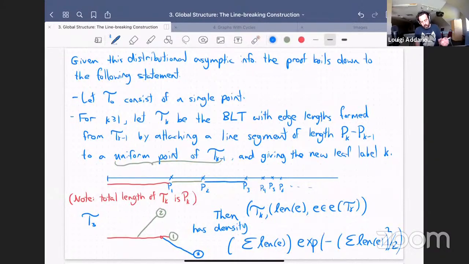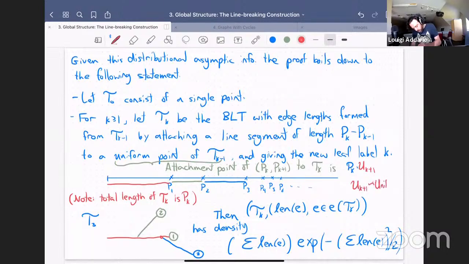And one way to do that is you could say that the attachment point of pk plus 1 to the tree tk is just given by pk times a uniform random variable uk plus 1.